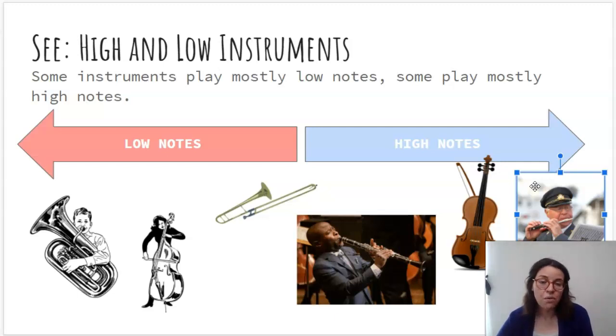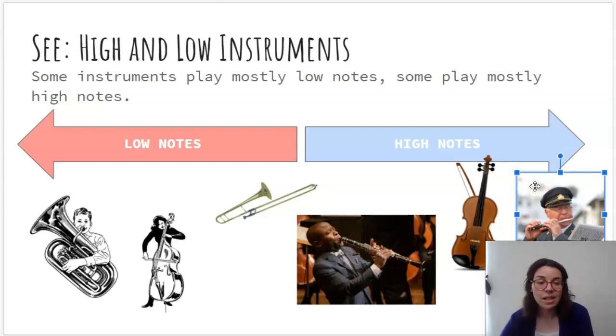The instrument that's the furthest to the left is also the instrument that makes the lowest sound. The tuba is the lowest of the instruments. It makes a very, very low sound, and it is also a very large instrument. The double bass that the woman is playing is almost as tall as she is.